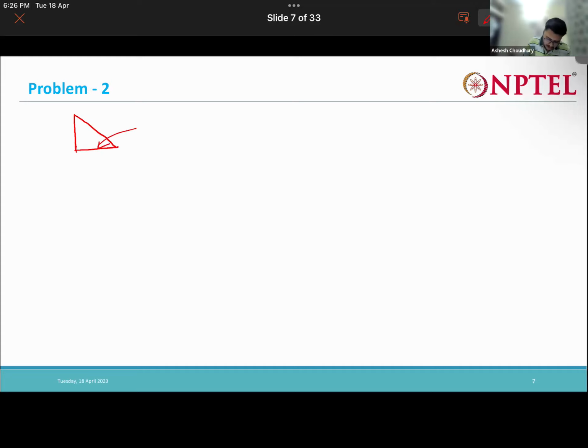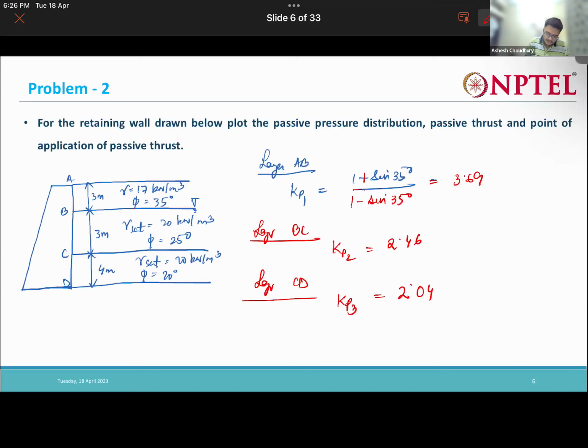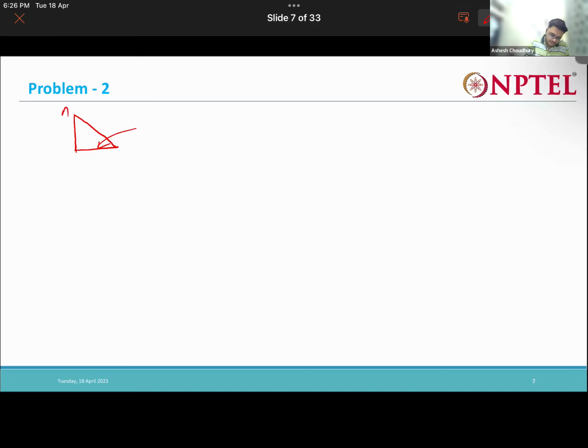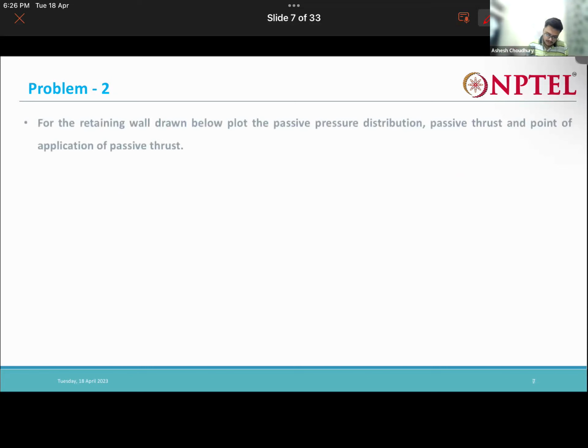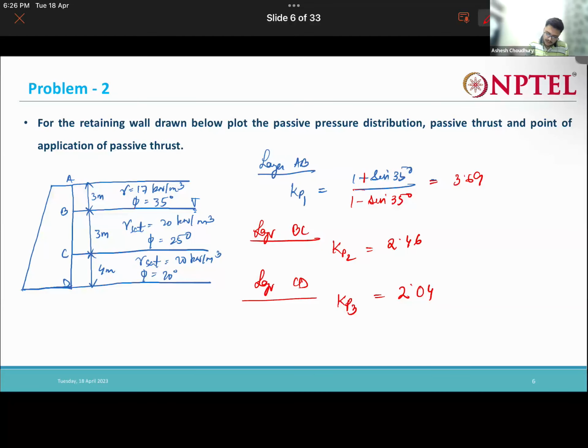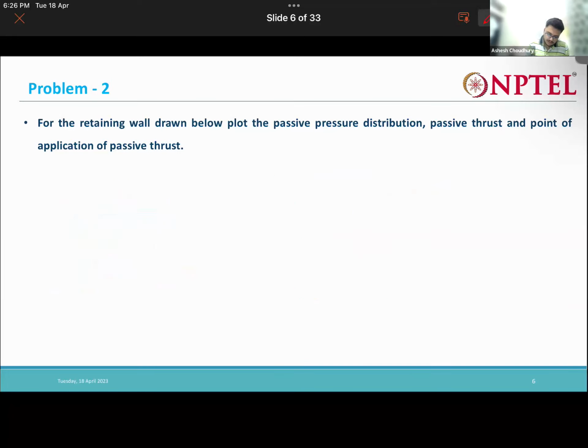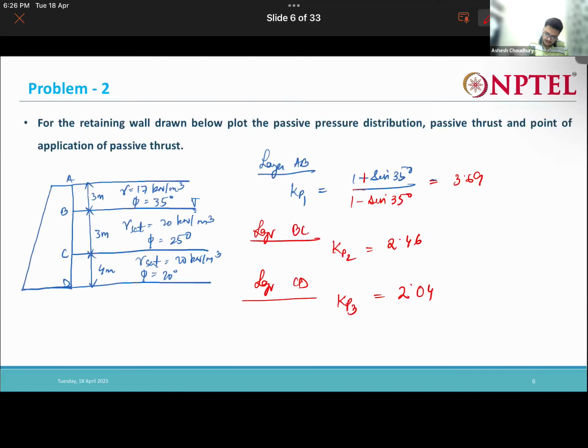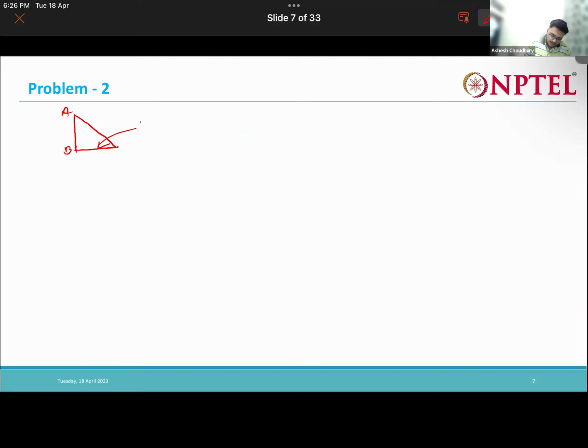How much will it be for the first AB part? KP1 into 3 into 17. What is KP1? 3.69. So 3.69 into 3 into 17.